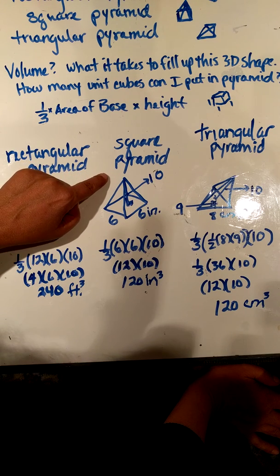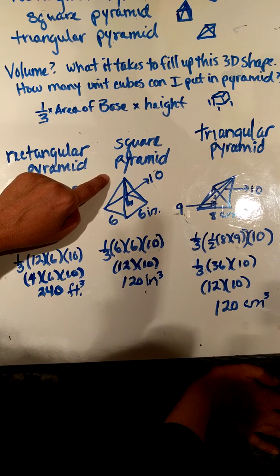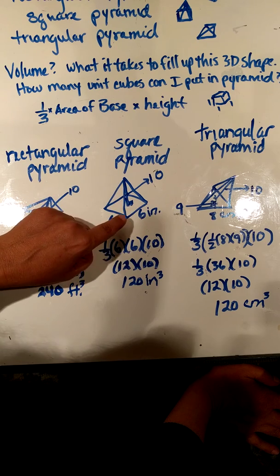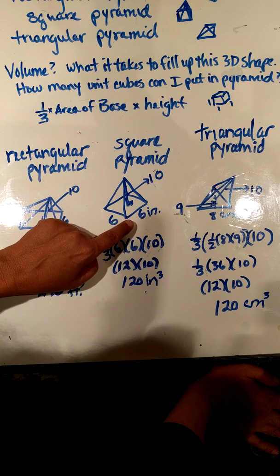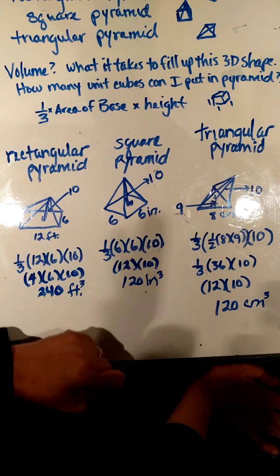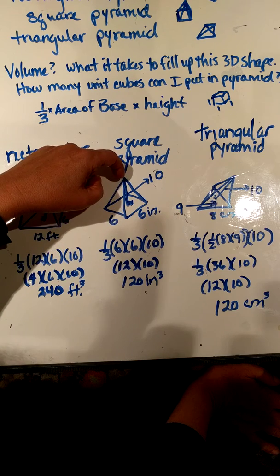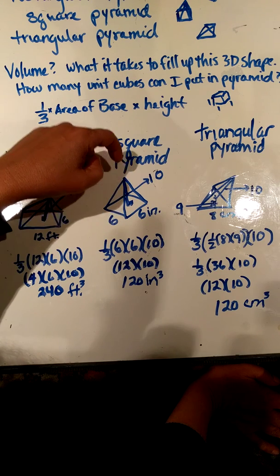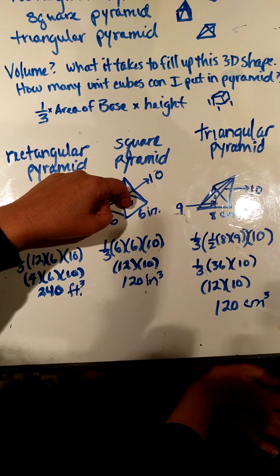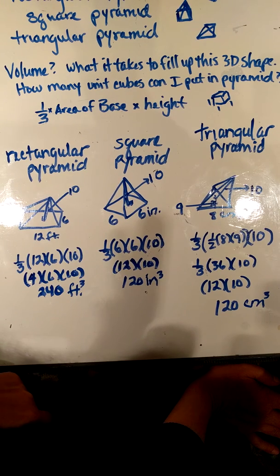Here's the square pyramid next. Again, the base is a square, so this is going to be 6 by 6, and we're measuring in inches. And here's my height, which is again from the top of the pyramid straight down into the center of the square to form a right angle. And that height is also, I'm just going to use 10.